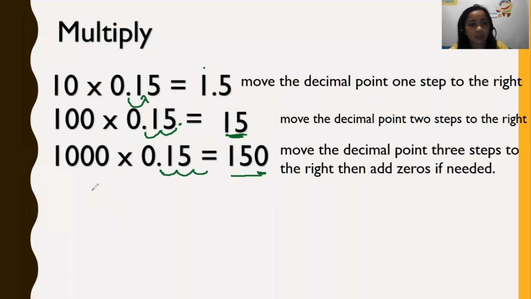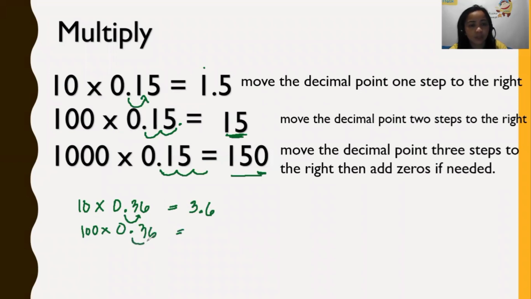Let's have another example. We have 10 times 36 hundredths. Move 1 place to the right. The answer is 3 and 6 tenths. We have 100 times 36 hundredths.